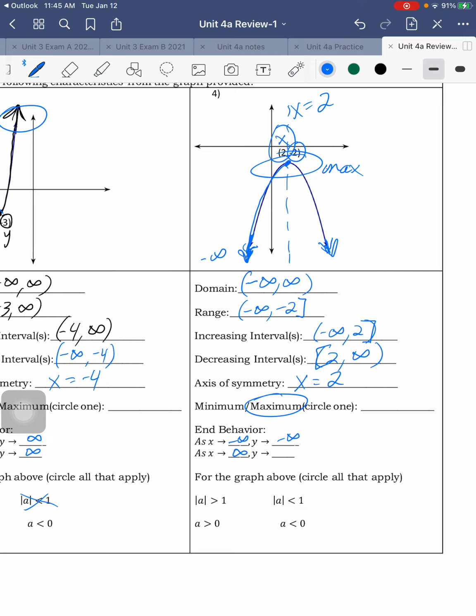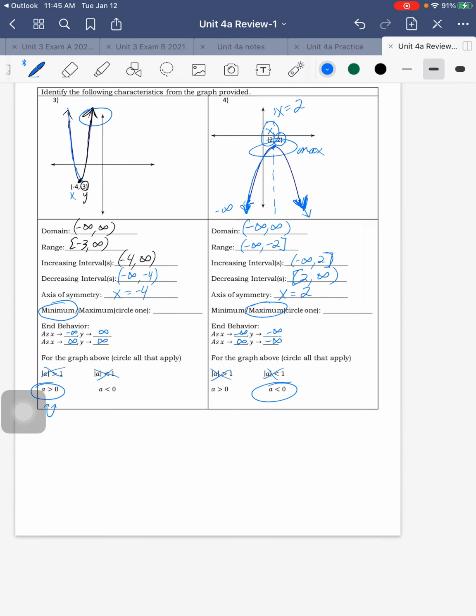The right side is going to positive infinity, going right forever, and it's also going down to negative infinity. It's upside down, so we know that a value is less than 0. It's a negative number, but again, we don't know the scale factor. It looks like it probably doesn't have a scale factor, but I can't really tell.